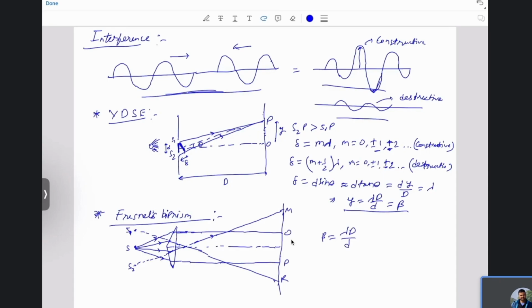So here d is the distance between the two virtual sources, and D is this distance. Lambda is the wavelength of the light, and beta is the fringe width.